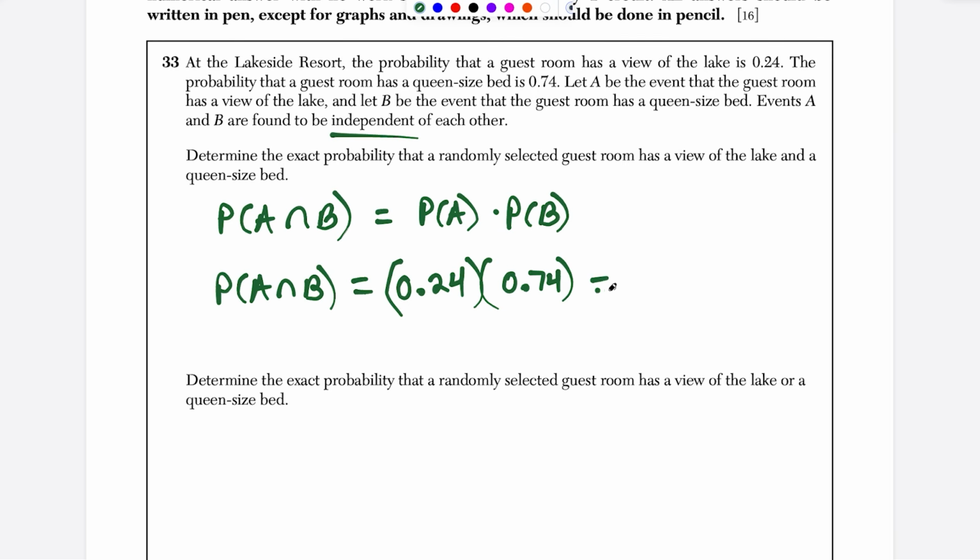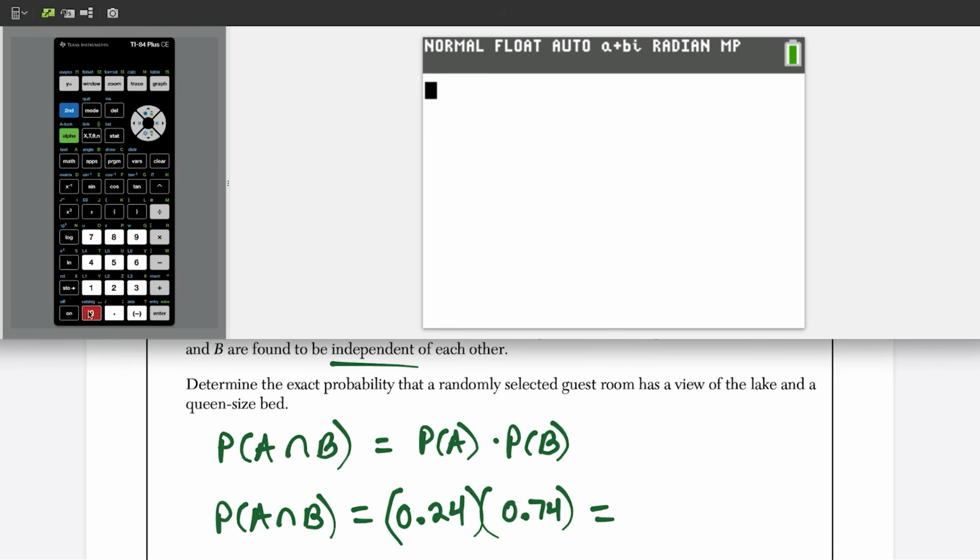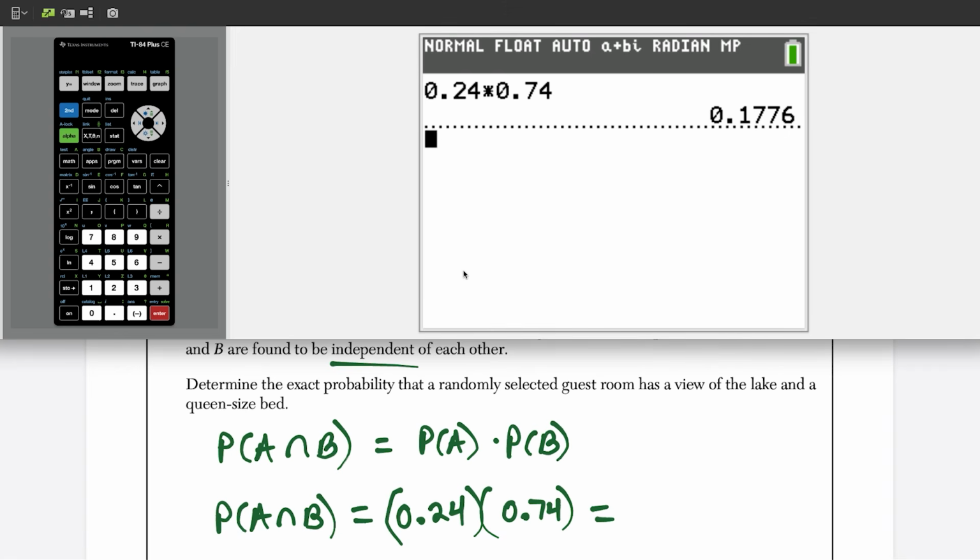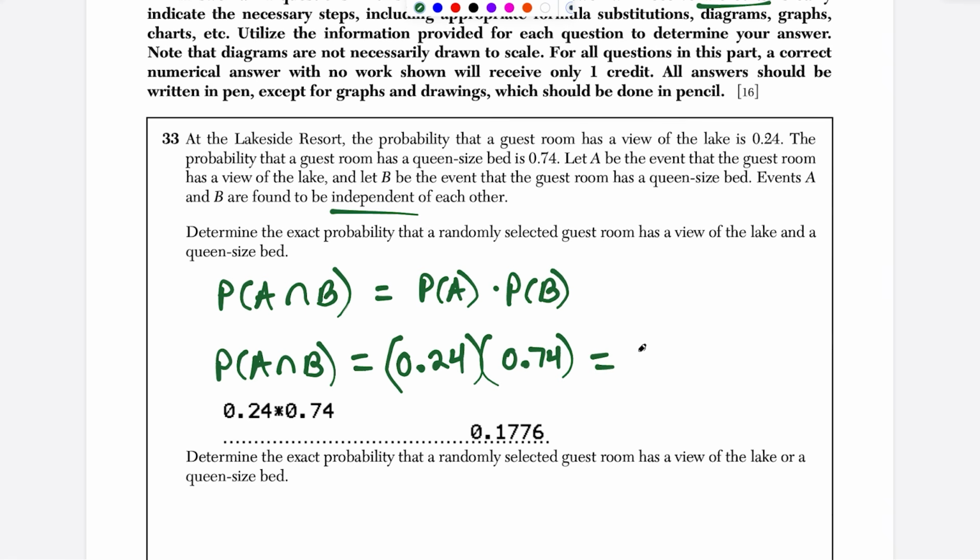So we just multiply these two values together. So now let's type this in. We have 0.24 multiplied by 0.74, and we get this decimal here. Just be careful, the question is asking for the exact probability, so we're going to write out this entire decimal. So our solution to the first part is 0.1776.